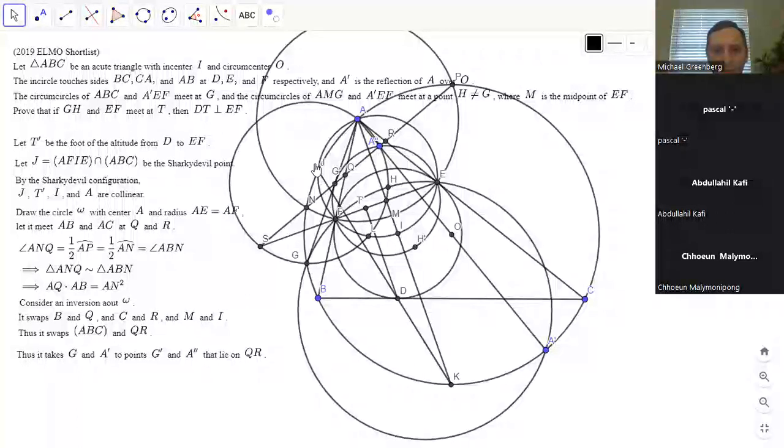Okay, so we know J, T, I, and A prime are collinear. We need to show G prime also lies on that. I think that's true because, no, that's not that obvious. We need to show G prime lies on that. But I think it might not be that hard because that's the same as showing angle AJG prime is 90 degrees.